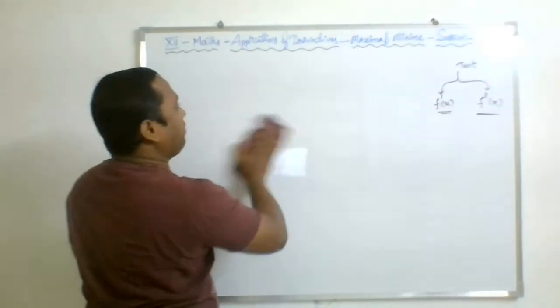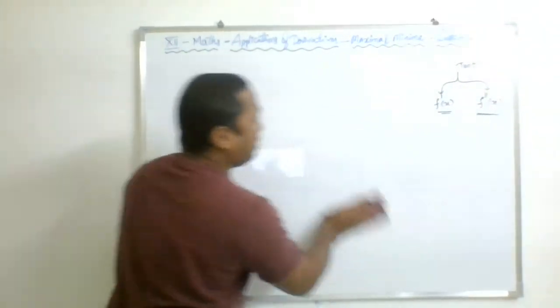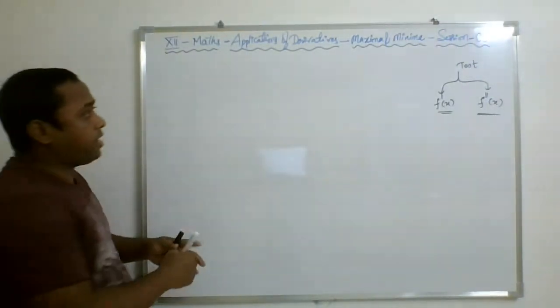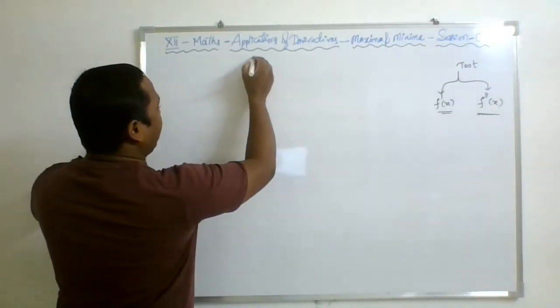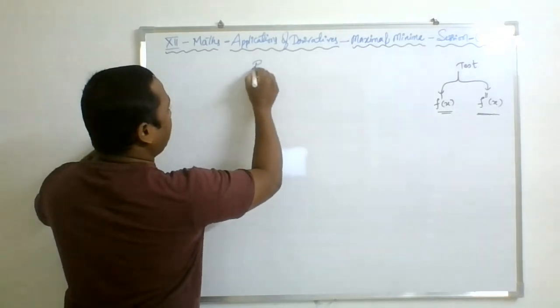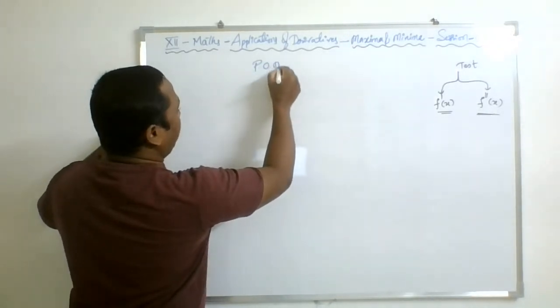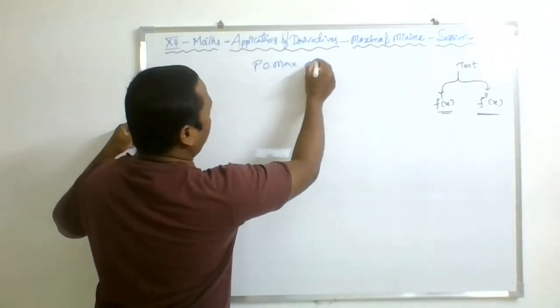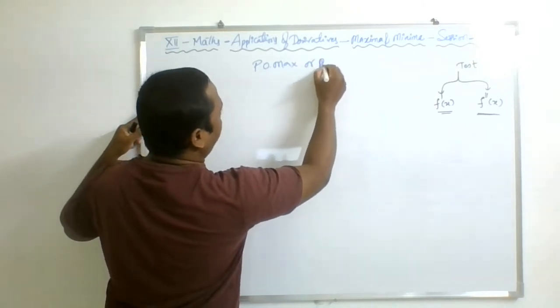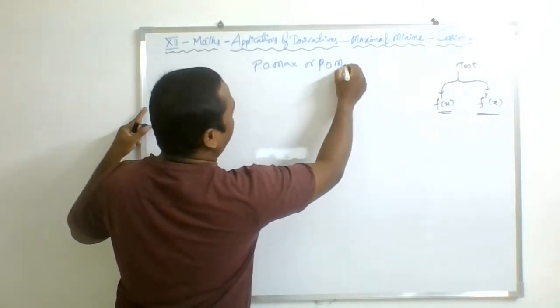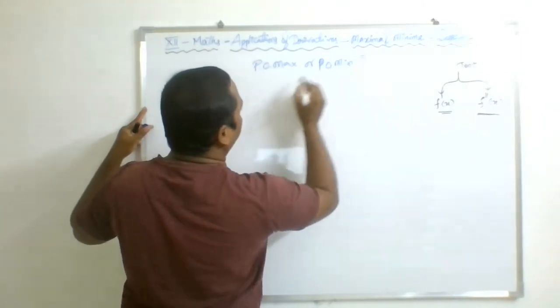First I will write the flow. How can we find the point of maxima or point of minima?